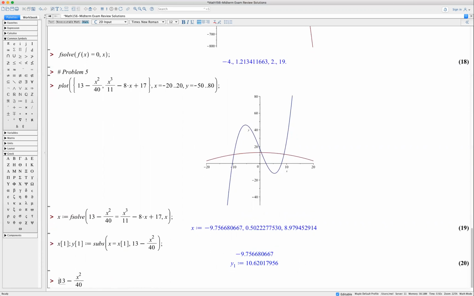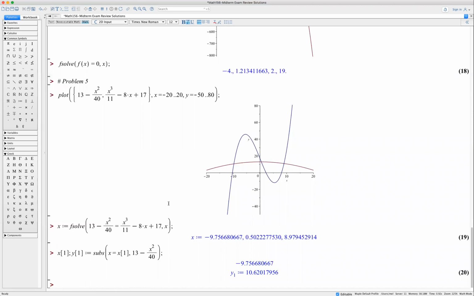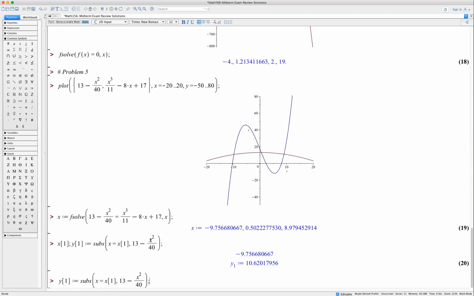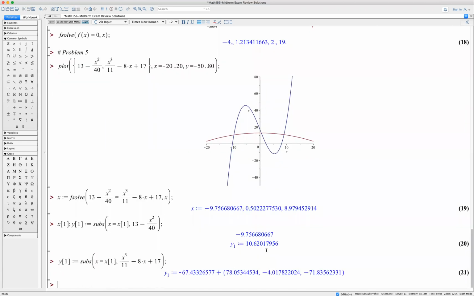Oops. So if I substitute x1 into the cubic curve, oops.